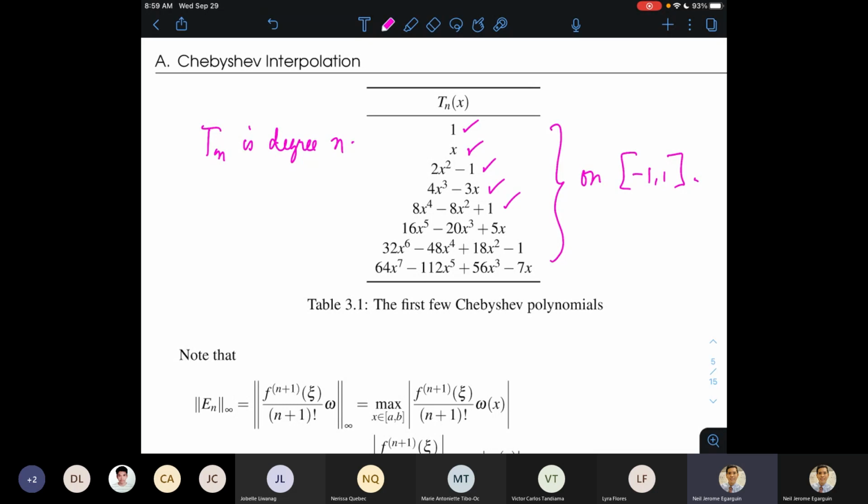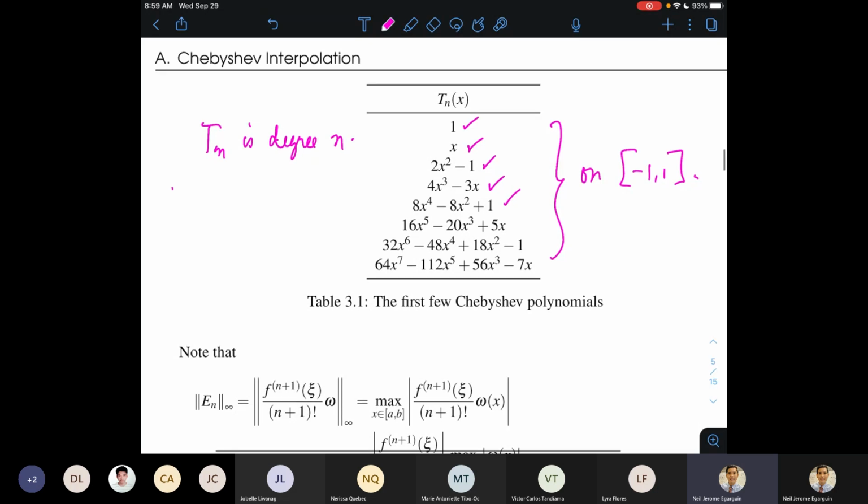But if you want to write a formal proof of indeed T sub n is of degree n, makikita nyo na, remember, ang T sub n plus 1 ay equals to 2x T sub n minus T sub n minus 1, right? So, pwede kayong mag-induction dito. So, first few examples, basis step, check.